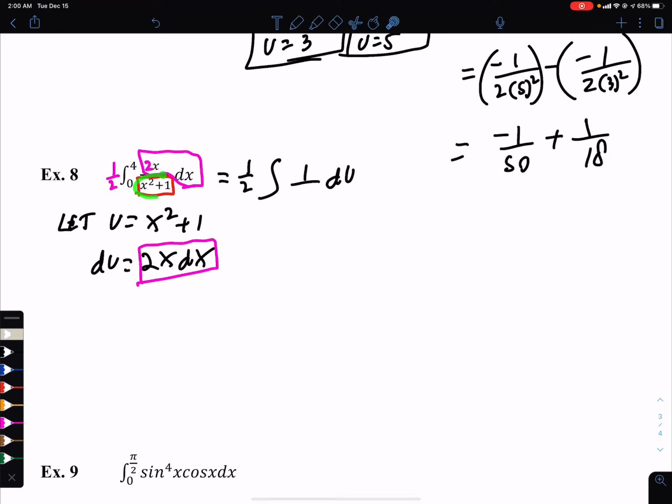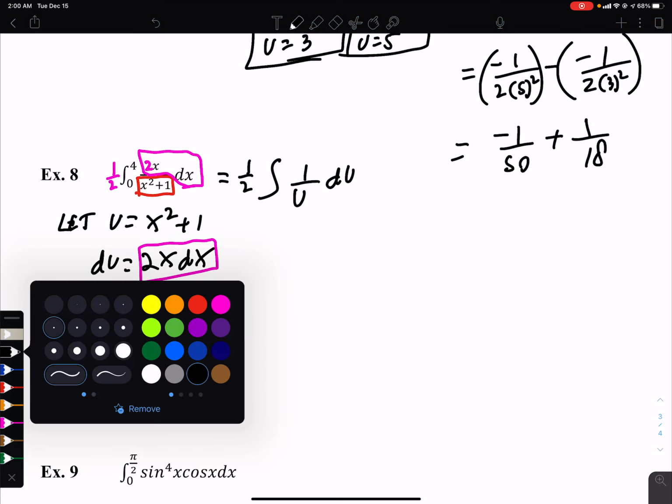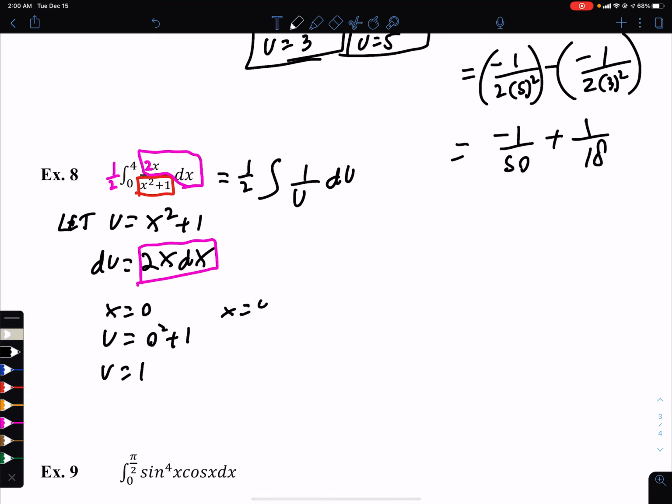And x squared plus 1 gets replaced with u. Bammo. That's going to be ln absolute u, right? But these are x's. So when x is 0, u is 0 squared plus 1, because that's what it says here. So we get u is 1. And then when x is 4, u is 4 squared plus 1, or u is 17. So we'll get 1 and 17 here because we replace that.